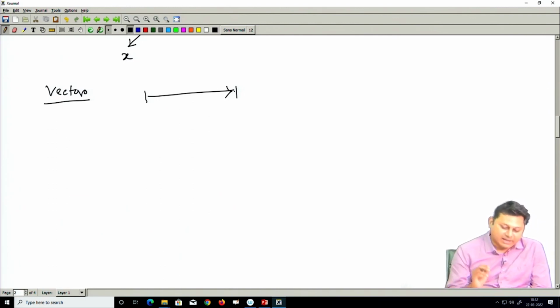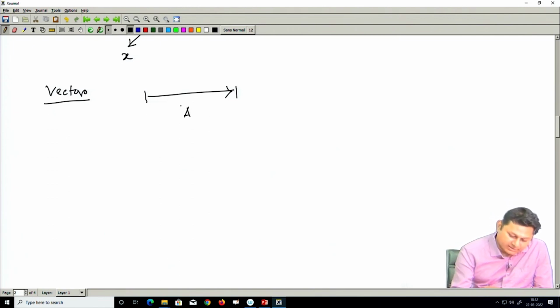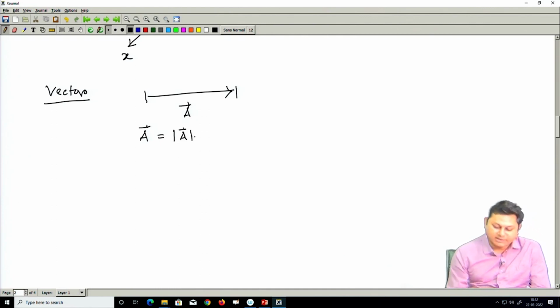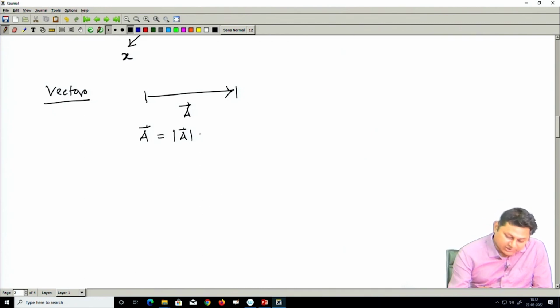These two quantities I am supplying here, and now I define this vector as A. What is A? This vector A should contain the magnitude and also the direction.